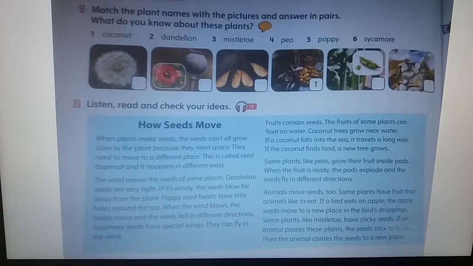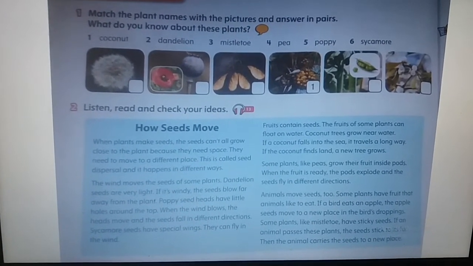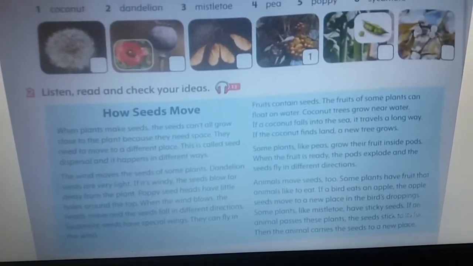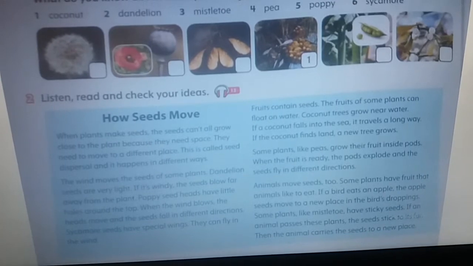Fruits contain seeds. The fruits of some plants can float on water. Coconut trees grow near water. If a coconut falls into the sea, it travels a long way. If the coconut finds land, a new tree grows. Oh, I'm sorry, this is blur. Some plants, like peas, grow their fruit inside pots.